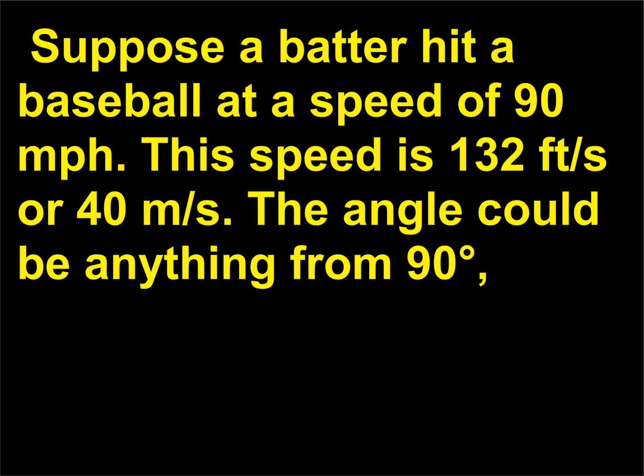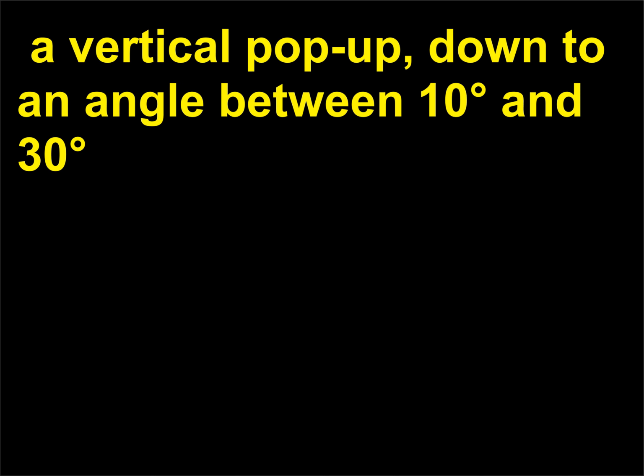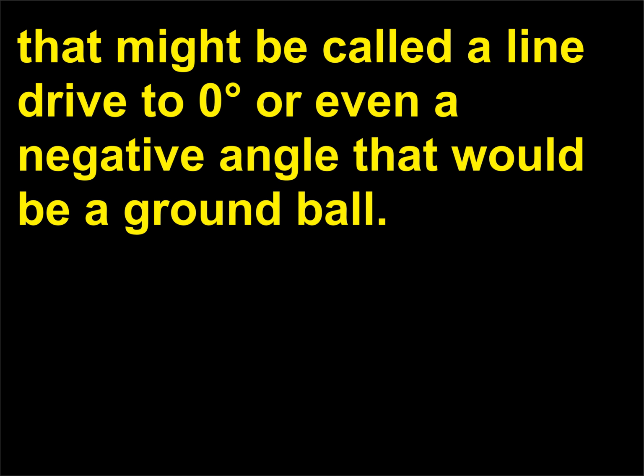This speed is 132 feet/s or 40 m/s. The angle could be anything from 90 degrees, a vertical pop-up, down to an angle between 10 degrees and 30 degrees, that might be called a line drive, to 0 degrees, or even a negative angle that would be a ground ball.